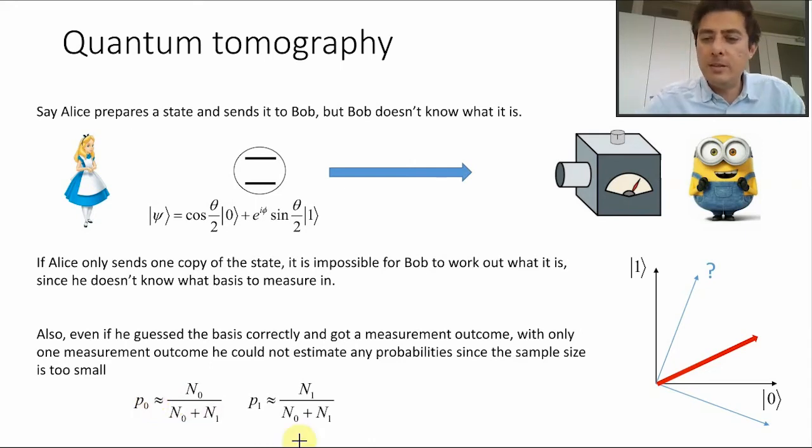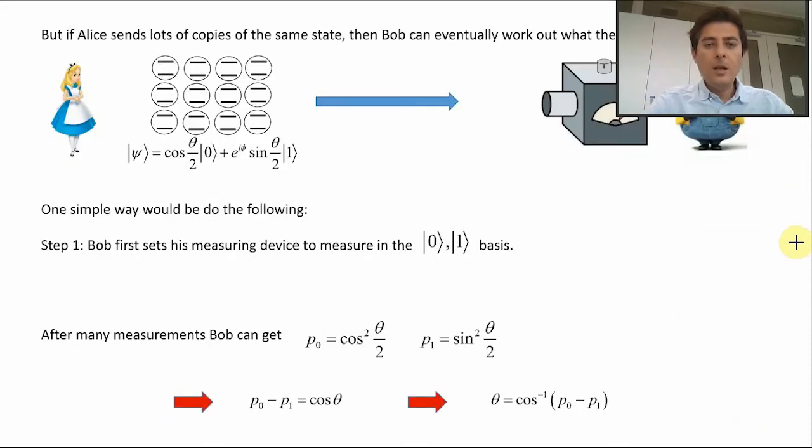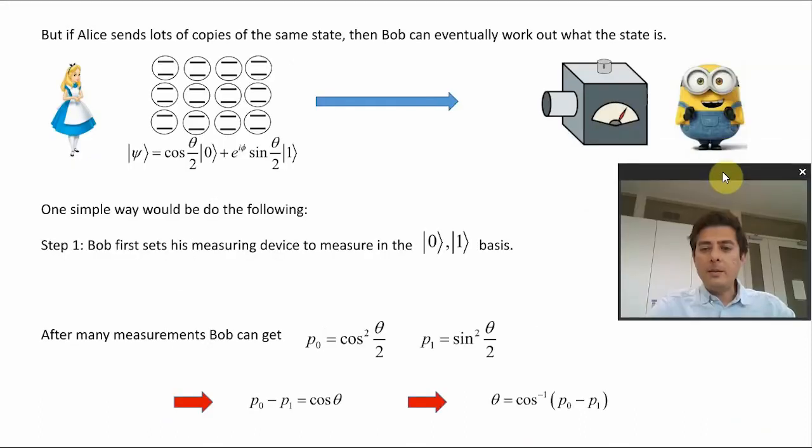One measurement basically doesn't give you any kind of information. But if Alice sends lots of copies of the same state, then Bob can eventually work out what the state is.